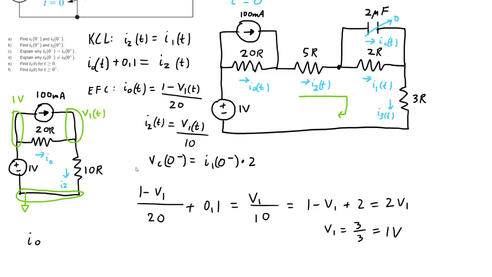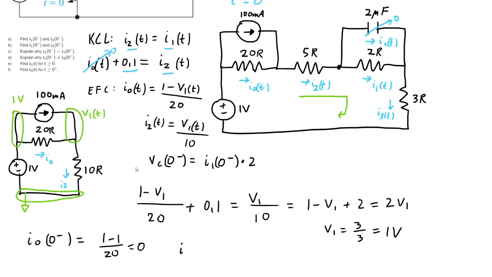I0 at 0 minus is 1 minus 1 over 20, which is 0. And if you use our KCL up here, if I0 goes to 0, that means that I2 equals 100 milliamps and I2 equals I1.